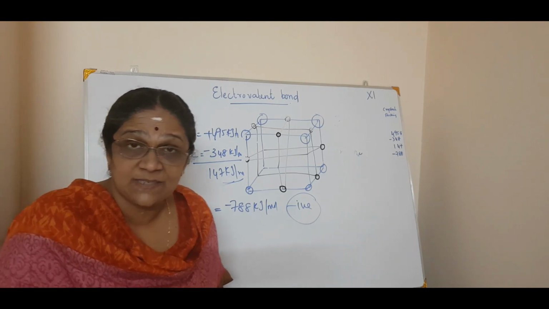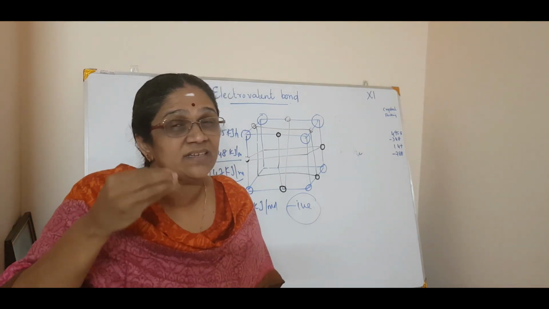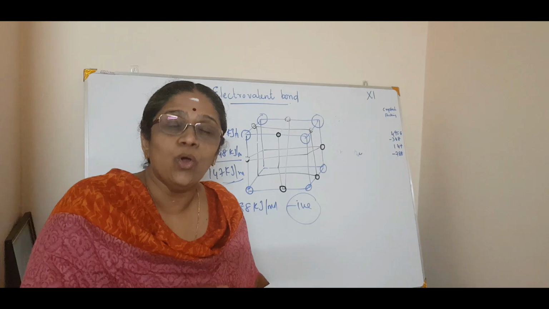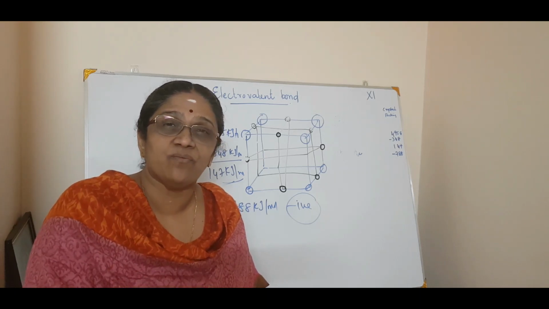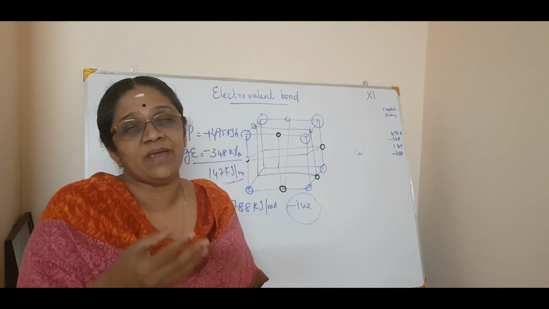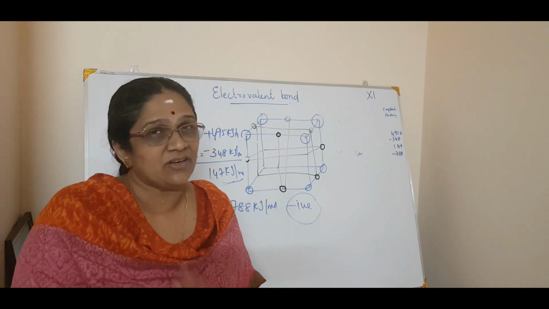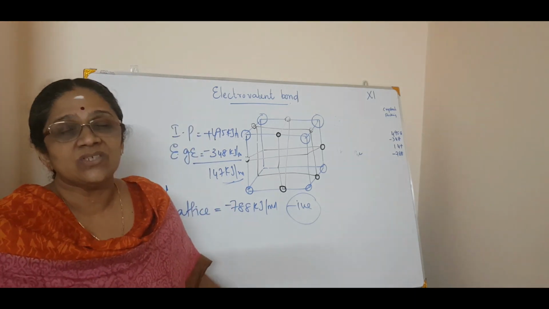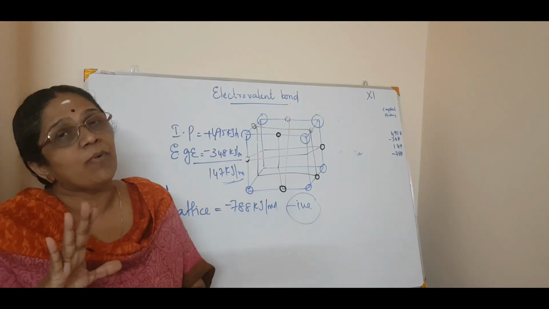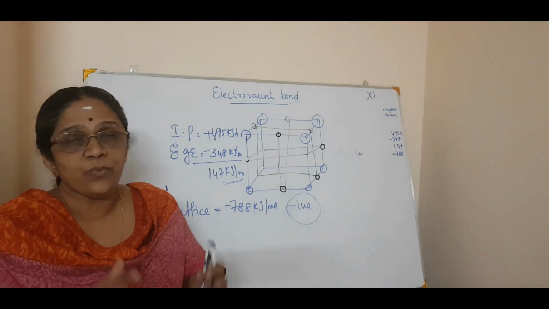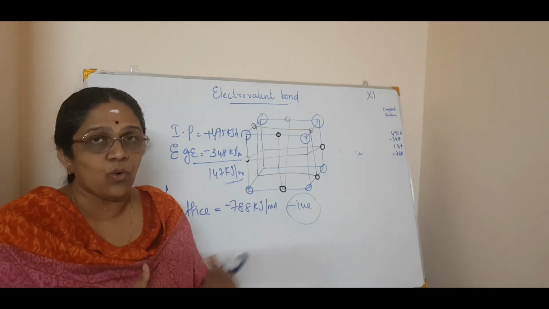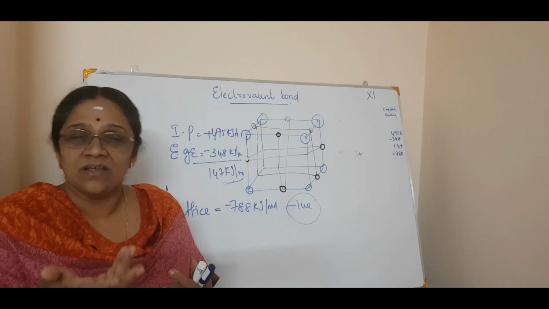Octet. Definitely yes, but not only is the octet theory valid, you also have to take into consideration the lattice enthalpy. Enthalpy means energy, lattice energy. Okay, so this is how an ionic bond is formed. I hope you are very clear with this, because you already knew everything; only lattice energy was the new term.